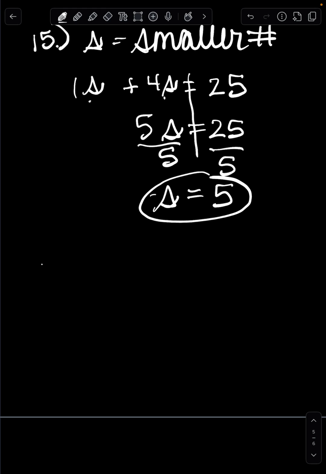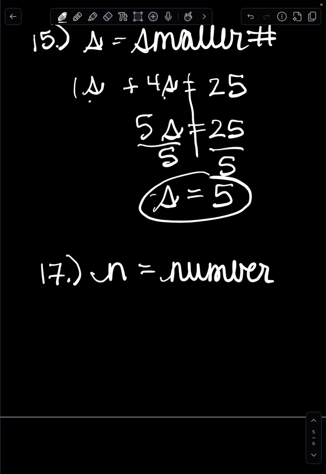Number 17. Find a number such that 5 times the difference of 3 and twice the number is 27. Okay, so find a number. Let's just call it n. N equals the number.